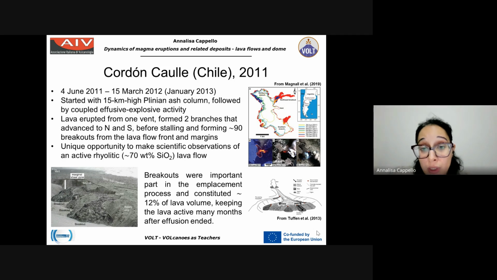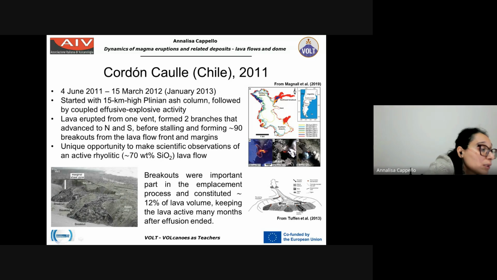As shown in the figure on the top right, this is the vent, and then the flow goes to the northern and the southern branch.